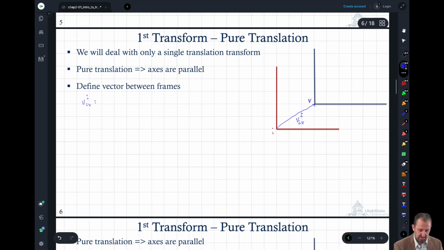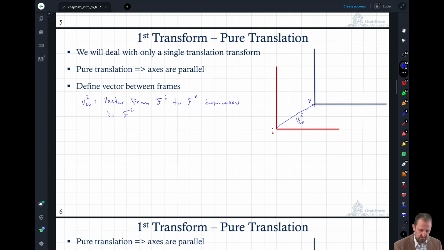This is just going to be the vector from frame I to frame V, expressed in frame I. Okay.